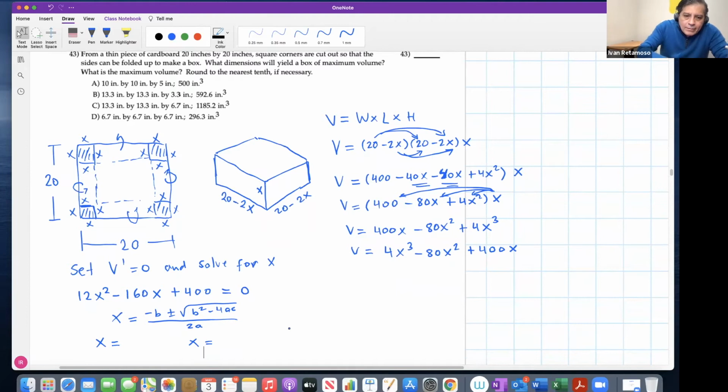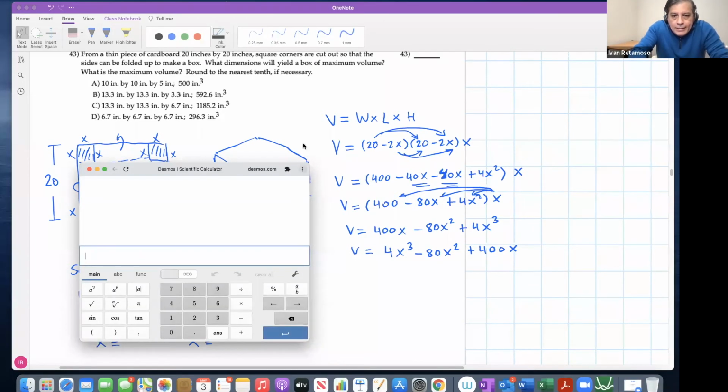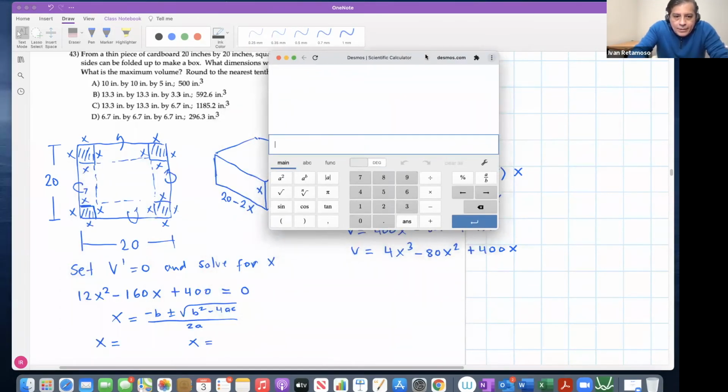So let's do that in our Desmos calculator. All right, now the first one, minus b, I'm going to use a fractional form. So, advice: click here. Start with minus b. What is b? B is this guy, minus 160. So minus 160, that's b. Plus, I start with plus and then we'll do minus.